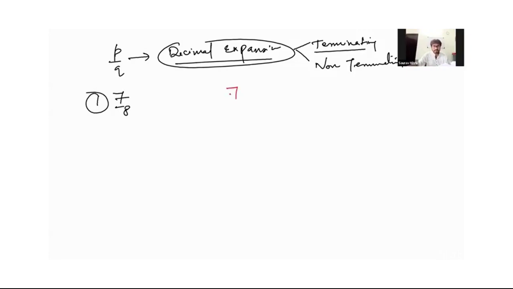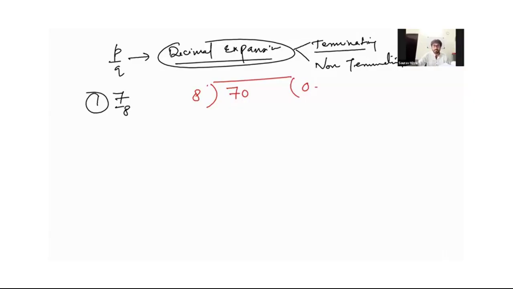First of all, 7 by 8 means this 7 is going to be divided by 8, and 7 is the smaller number, so it is not possible to divide. 8 cannot divide 7. So we take a borrow and write 0 point something.